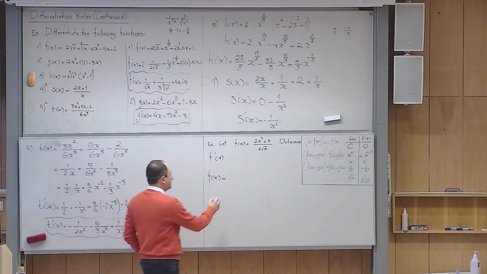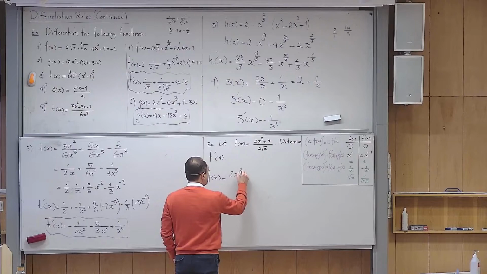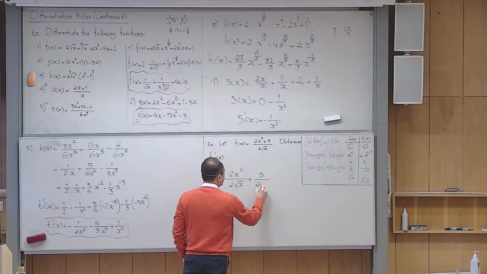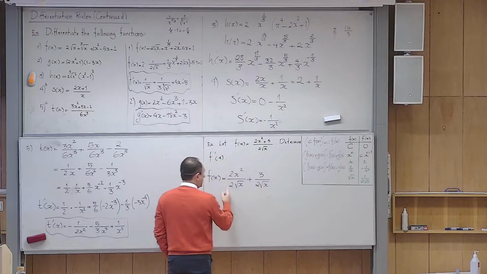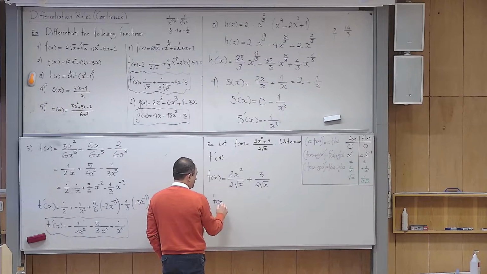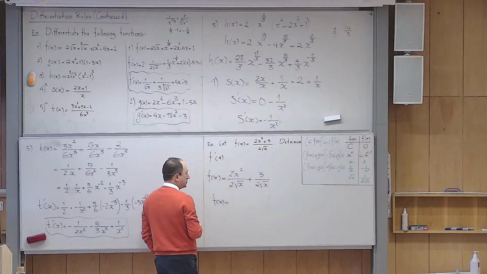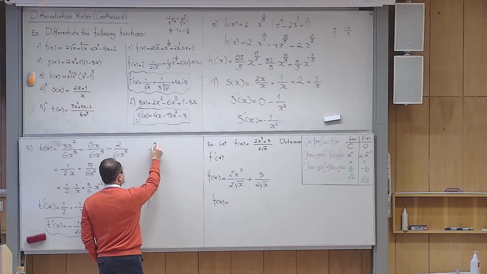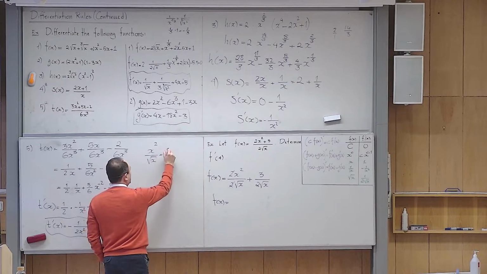So I would write 2x squared over 2 square root of x plus 3 over 2 square root of x. And I have to try to simplify it first, but simplification, I want you to understand how it goes. This 2 and that 2 are cancelled. Let me simplify it here. I have x squared in the numerator. I have a square root of x in the denominator. So what should I do in general?